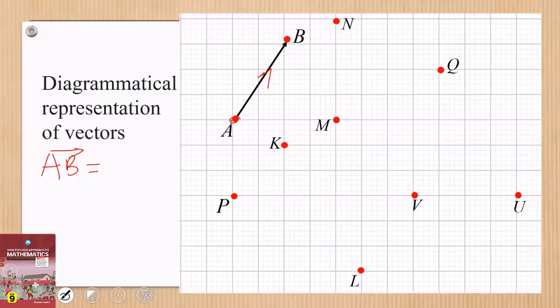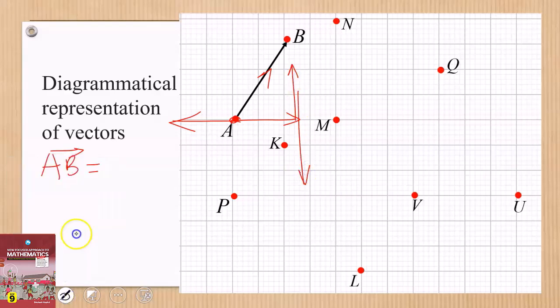Always in vectors, we move along the x-axis before we move along the y-axis. When you move this direction, we say it's positive. If you go opposite, we say it's negative, because that is the x-axis. If I move upwards, that is positive. If I move downwards, that is negative.